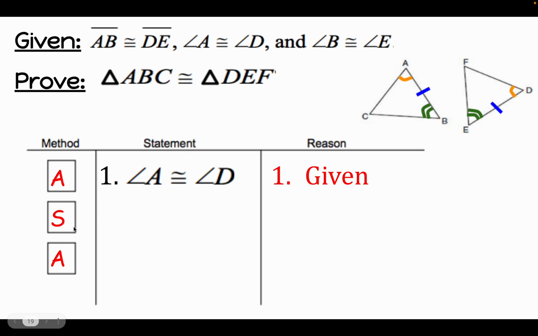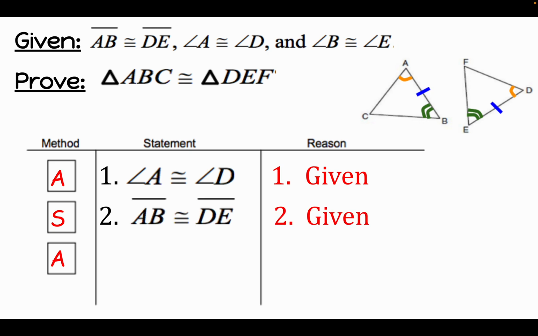So the first, we're going to write A, and we're going to start with the angle. Angle A is congruent to angle D. There's more than one givens here, but we're just going to start with A, following the order. 2, sides. AB is congruent to DE.